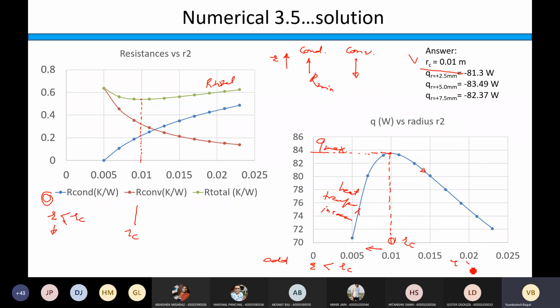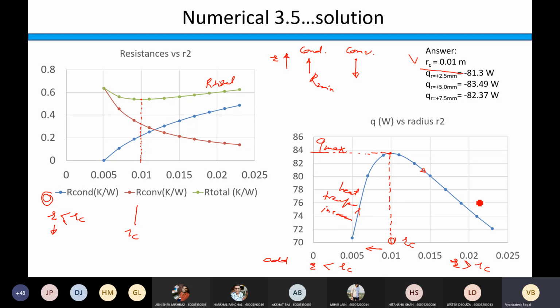So if R is greater than RC, and your intention is to increase the heat transfer, then there is no point in increasing the insulation thickness. That's what you should conclude from this graph. Are you getting my point or not? So whether to add the insulation will depend on what you want to achieve. Whether you want to increase the heat transfer or decrease the heat transfer, right?